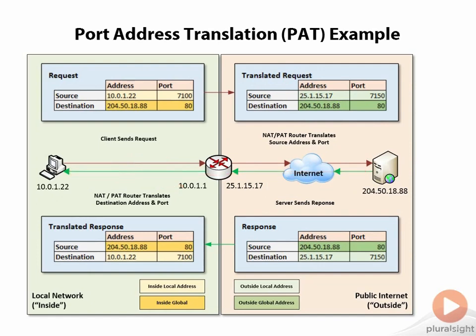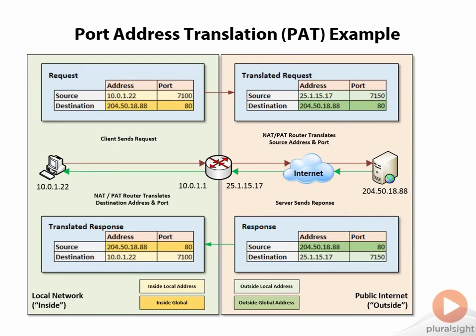From the internal client, all it sees is it's communicating with the outside world. The outside world, or the web server in this case, all it sees is it's communicating with the public interface on the router. It knows nothing about the internal addressing scheme that's taking place here, so it increases security by allowing all of our internal clients to be hidden from the internet and be hidden from external view as far as what the IP addressing scheme and so forth is.